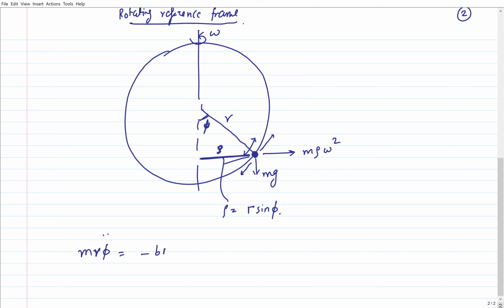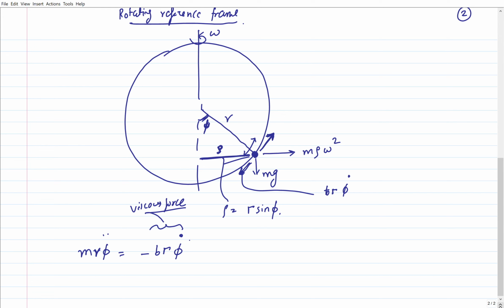That is equivalent to some viscous force. I'm assuming the bead has friction, so this is a viscous force that will prevent the bead from going in the direction of increasing phi, so it has a negative sign. This can be b r phi dot.